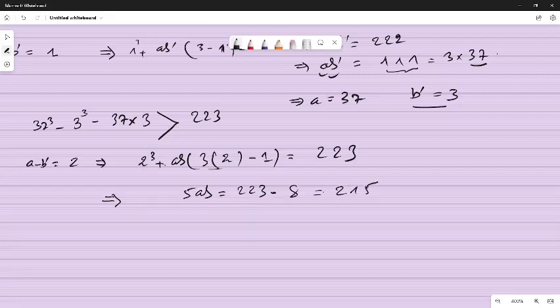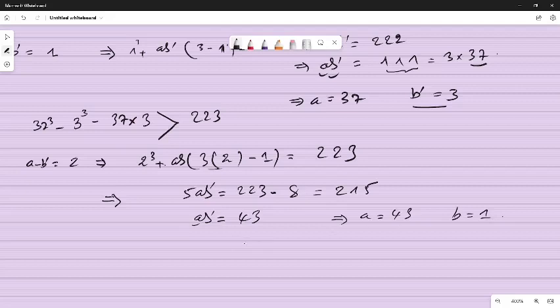And this implies that ab prime equals, I use my calculator, divided by 5, 43. And because we have a is greater than b prime, this implies that a equals 43 and b prime equals 1.